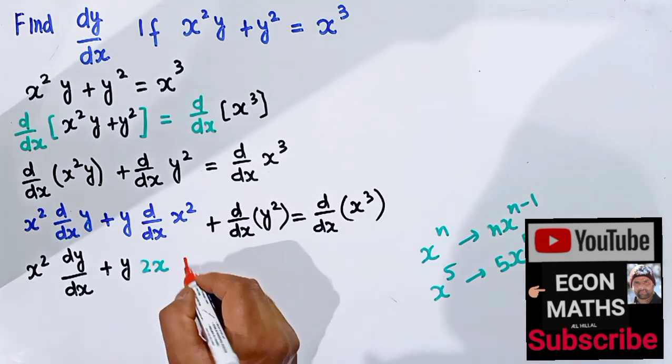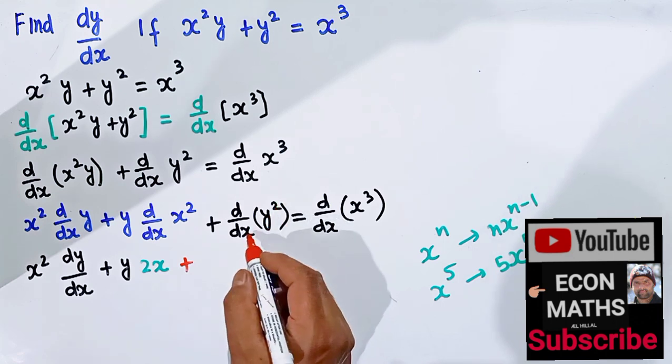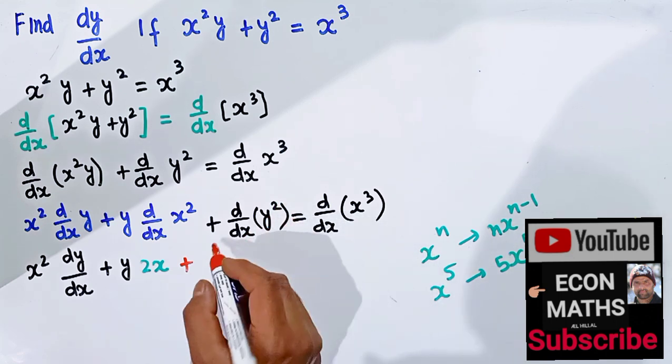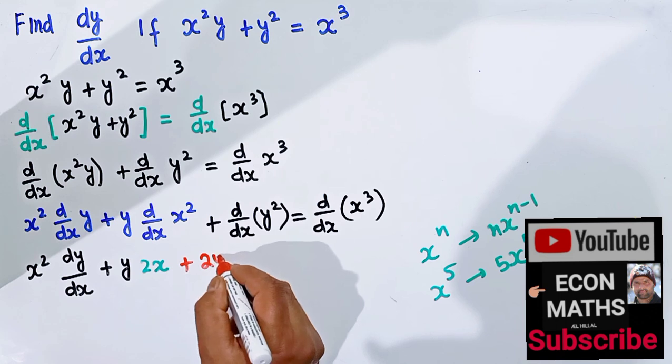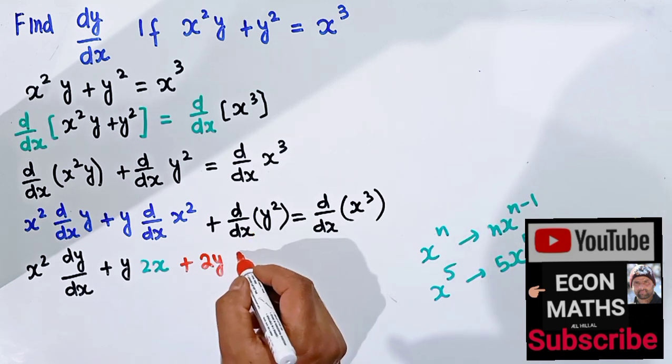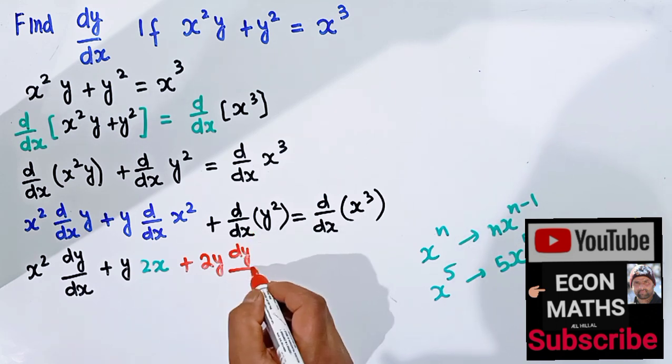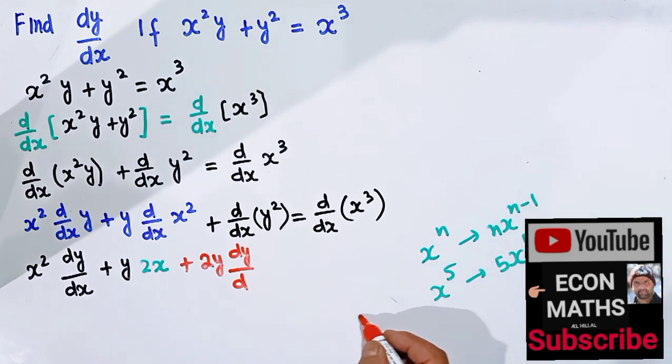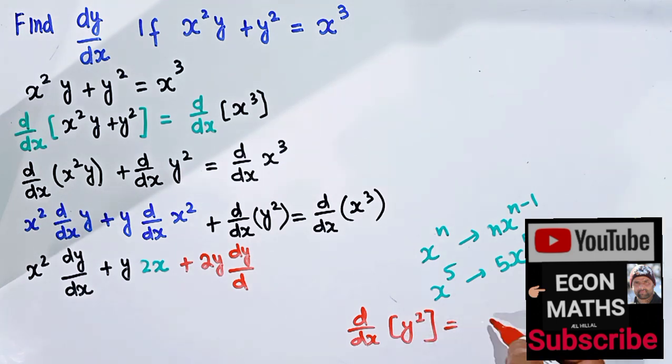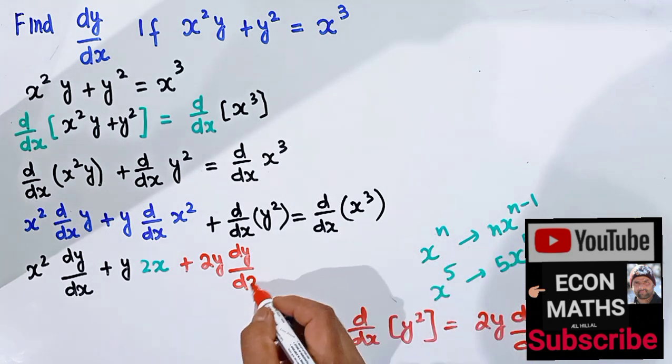Plus we have the derivative of y square with respect to x. So again by the power function rule, we will have twice y and dy upon dx. The derivative of d upon dx of y square, using the power function rule, will become twice y, and since we are taking the derivative with respect to x here, dy upon dx will be multiplied.